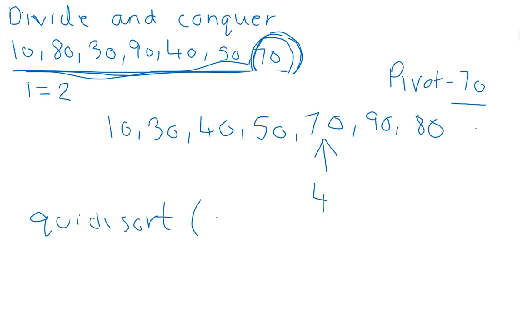QuickSort will take our array, low, and the pivot index minus 1, because we know this pivot is at the right position, and we call the quicksort function again.